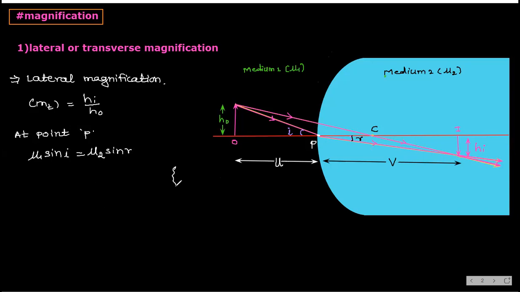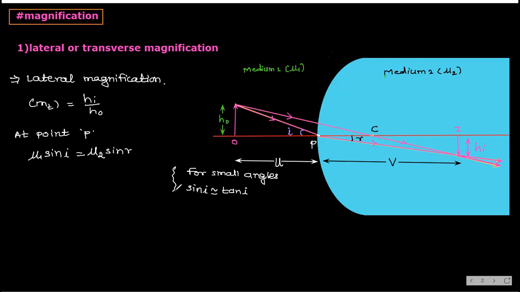If angles are very small, for small angles, what can I write? Sin I is nearly equal to tan I, yes? And tan I you see in the triangle. So sin I is nearly equal to tan I, that's it.